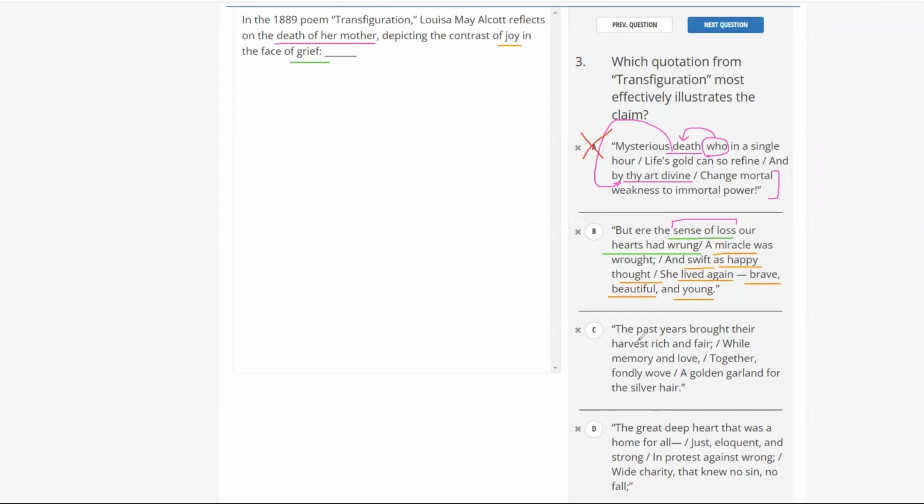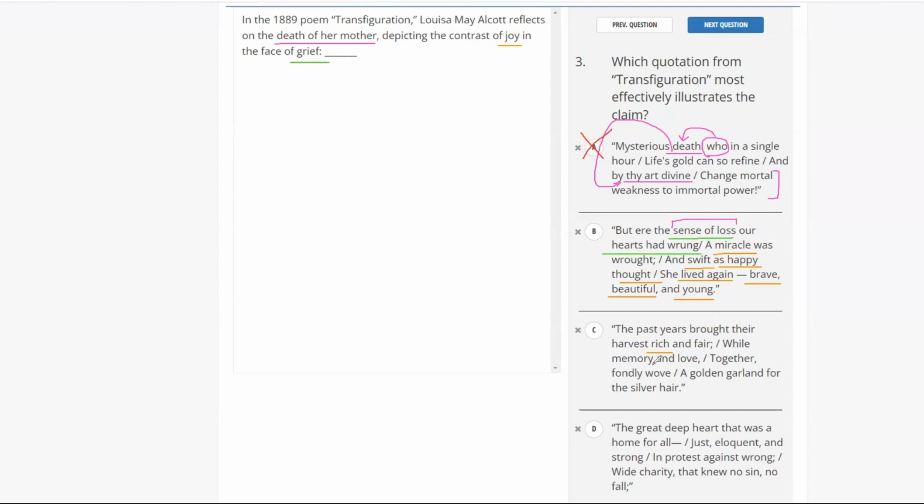Okay. The past years brought their harvest rich, rich is a positive word, and fair. Not sure if fair means a sense of justice or something that's okay. So we'll just skip it for now.